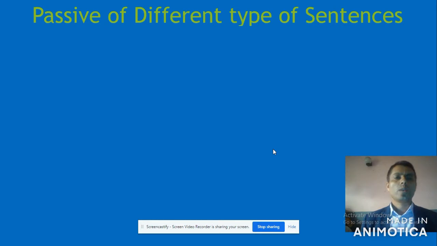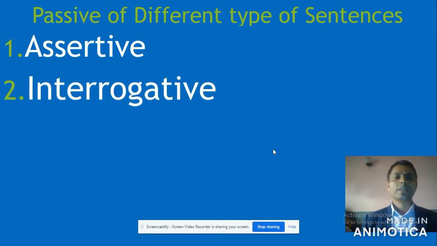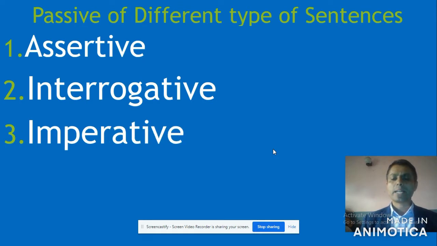Well, my dear students, basically we have to identify the types of sentence first. Number one, what do you see here on the screen? Yeah, assertive sentence. Number two, interrogative sentence. Number three, imperative sentence.